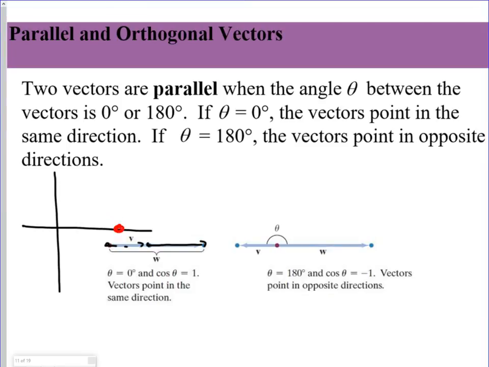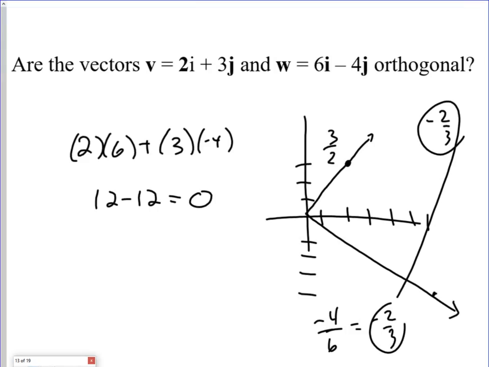If I'm over here at 0 or 180, then the cosine technically is how much? 1. What is my cosine when the value is 0? 0. When the cosine is 0, where am I at? 90 degrees. So am I orthogonal? Yes. Yes, we are.